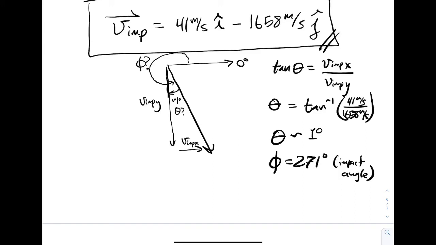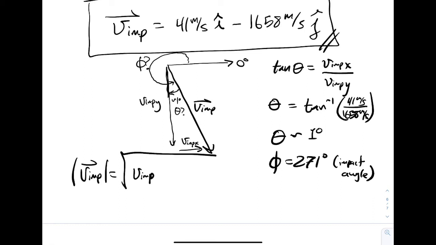And then we can get the magnitude of this, the amount, V impact. So V impact, the amount, is always Pythagorean theorem. So it would be the V impact in the x squared plus V impact in the y squared.